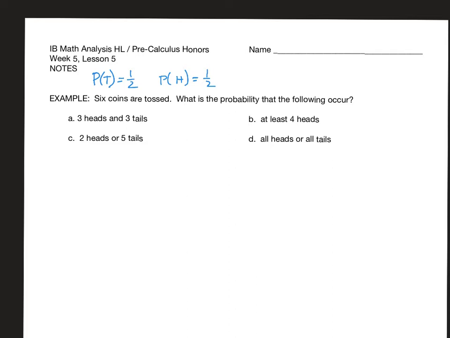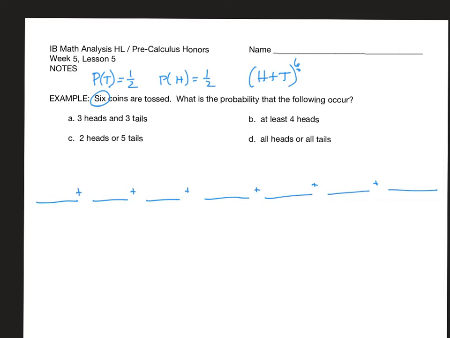The way we set this up is, every time we toss the coin, the 2 outcomes are either heads or tails. And since we're tossing the coins 6 times, we're going to raise this to the 6th power. If you remember doing binomial expansion, when this number is a 6, that means there are going to be 7 blanks to fill in: 1, 2, 3, 4, 5, 6, 7.